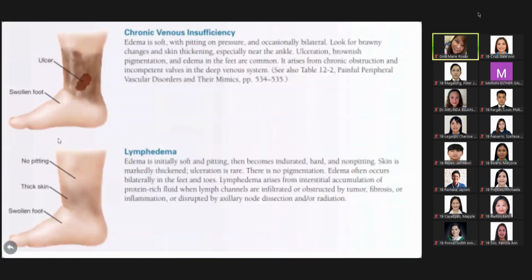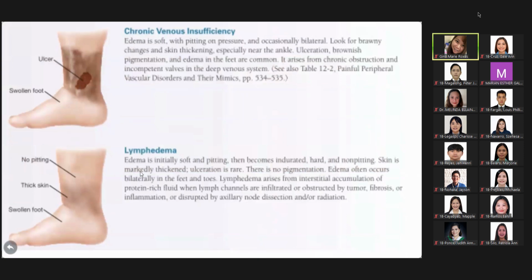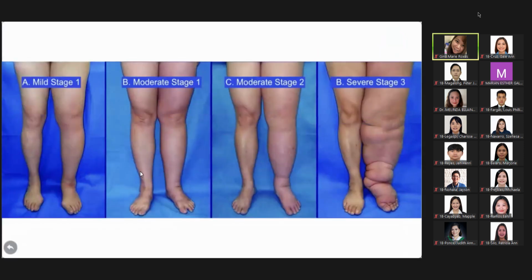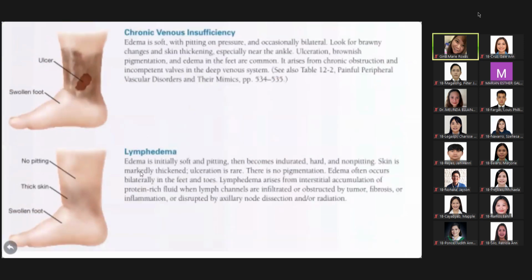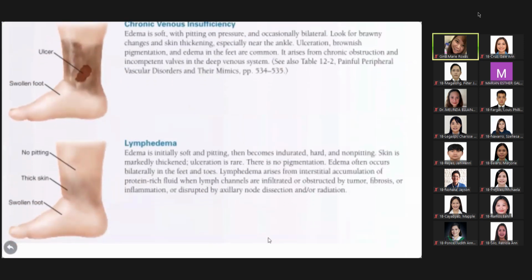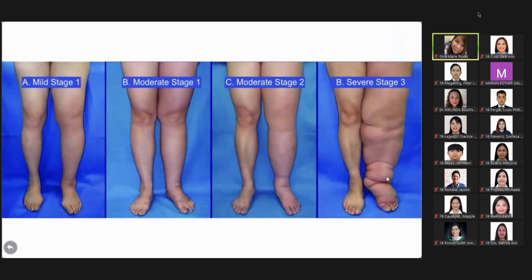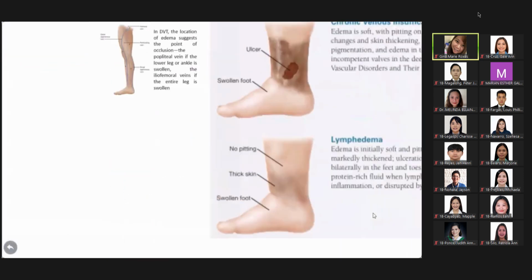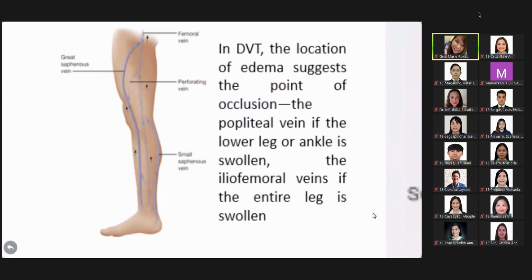We already discussed chronic venous insufficiency, and lymphedema. Lymphedema can initially be soft and pitting, then becomes indurated, hard and non-pitting, and markedly thickened. For DVT, the location of the edema suggests the point of occlusion. If only the lower leg or ankle is swollen, it is the popliteal vein.